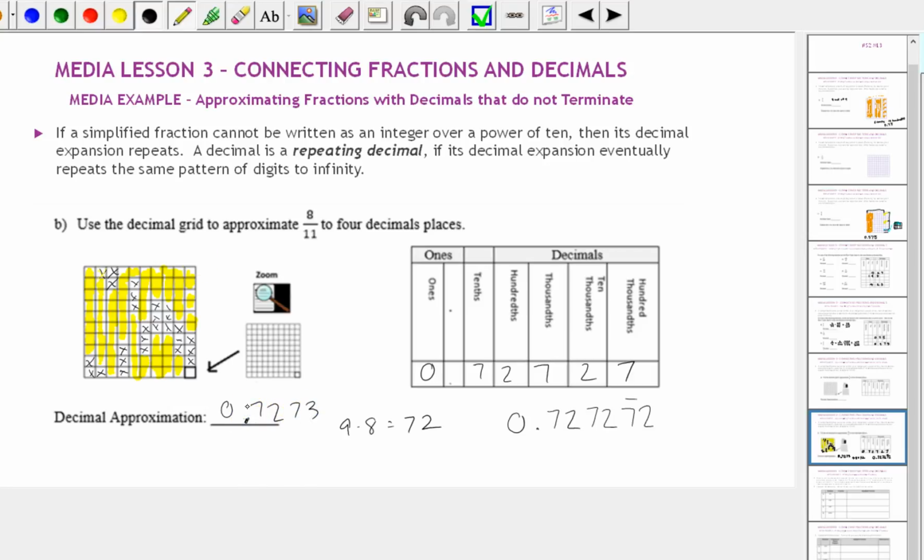This is really nice for them to see a different way besides long division of seeing why the decimals repeat forever and ever.